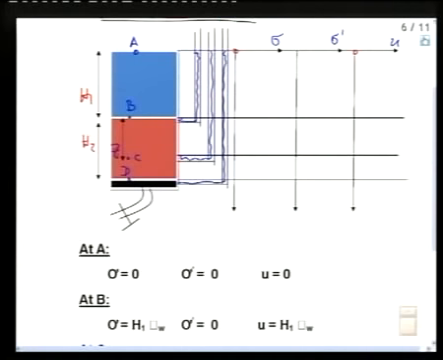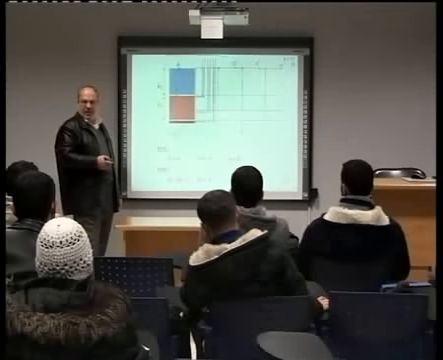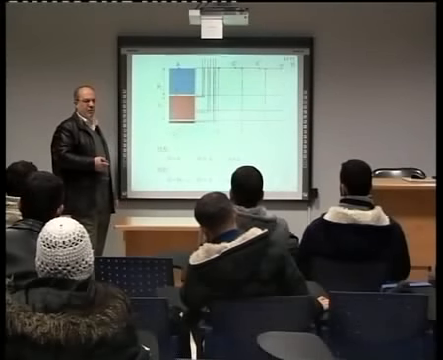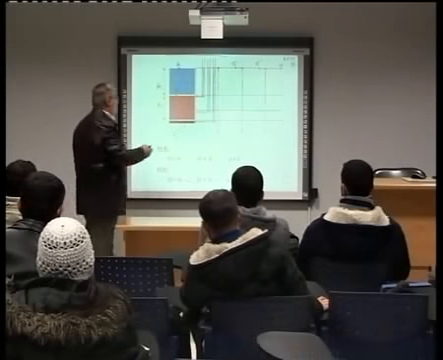And even if I don't know, I know that 0 equals 0 plus 0. So I can calculate it, or always I subtract u from sigma. So at point A, I have three zeros. Sigma total 0, pore water pressure 0, sigma effective 0.